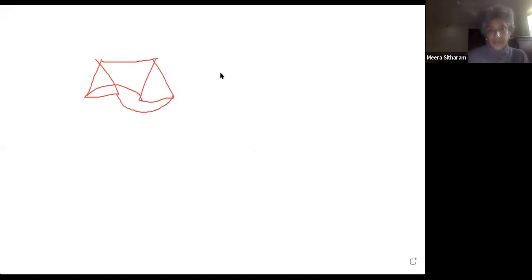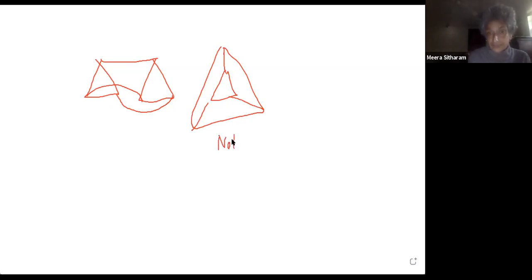For example, you could have the simple graph called the C2 cross C3 graph. You could draw it this way if you want. This graph is a cycle of 3 crossed with a cycle of 2, and that thing is not 3D composable. So this is the classic.